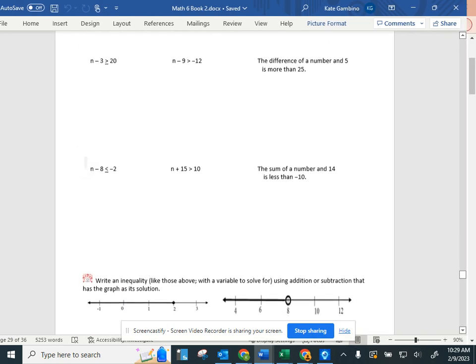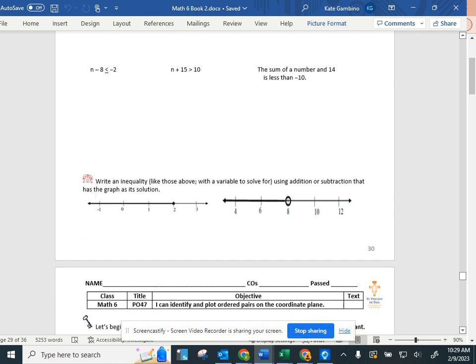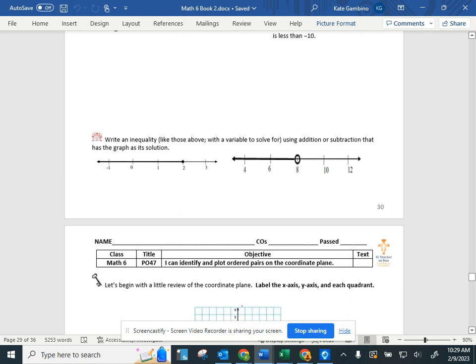Then on the bottom, this time you're writing an inequality like those above with a variable to solve for using addition or subtraction that has the graph as its solution. So here we can see there's a closed circle and our arrow goes to the left. So what inequality does that mean? If it's a closed circle and the arrow goes to the left, who can tell me what inequality it is?